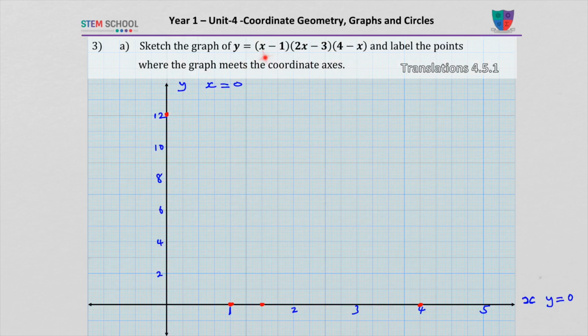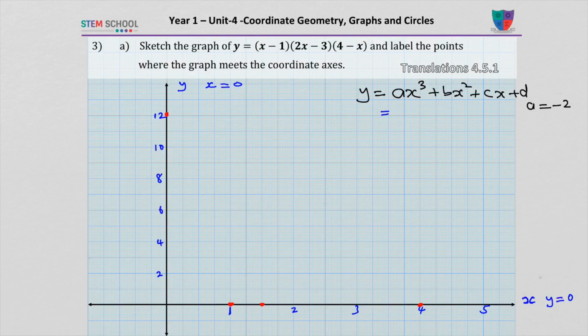This graph is a negative cubic because if I compare it to the cubic equation y equals ax cubed plus bx squared plus cx plus d, a equals minus 2 here.